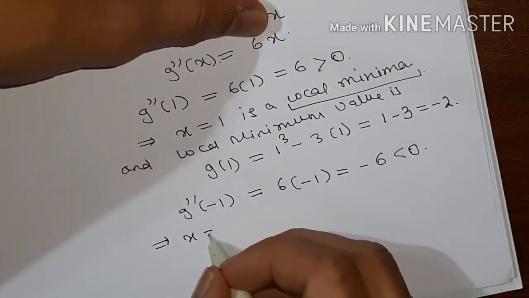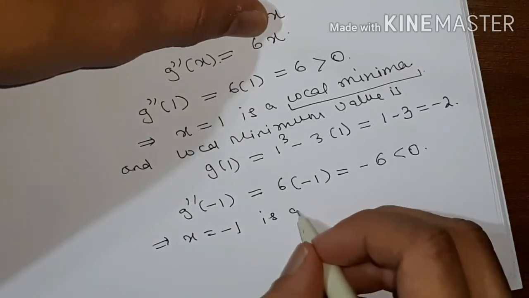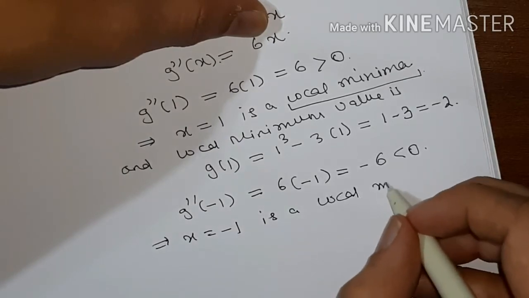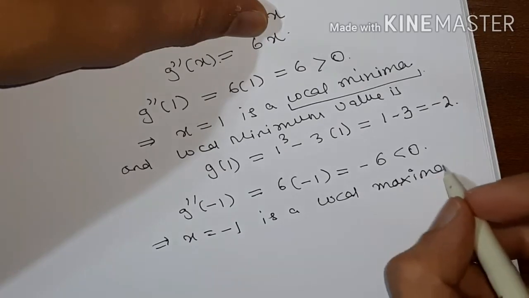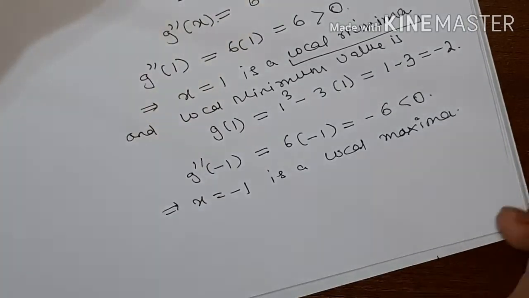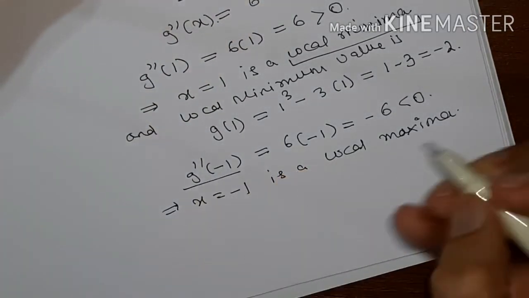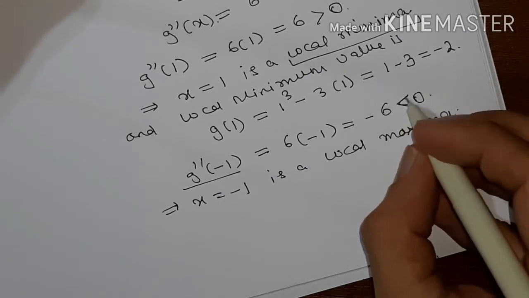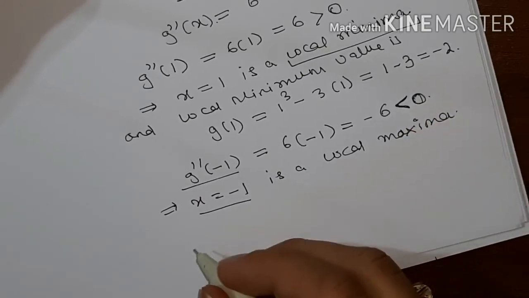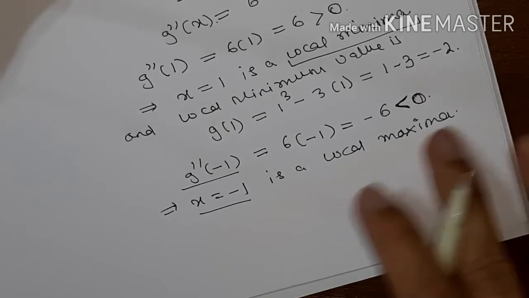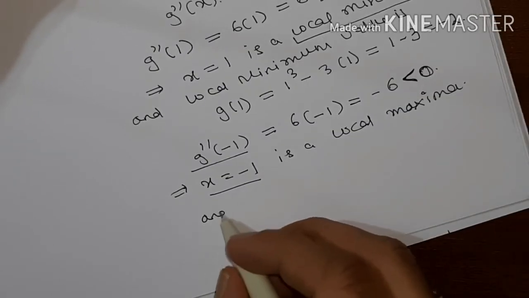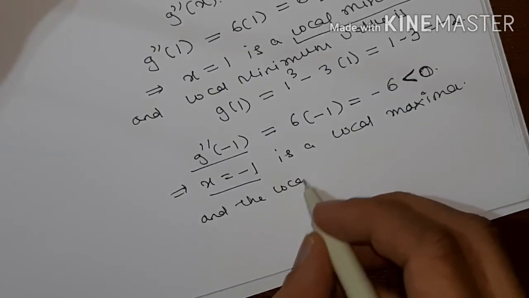Now this implies x equal to minus 1 is a local maxima. When the double derivative of the function is less than 0, then x equal to c is a local maxima.